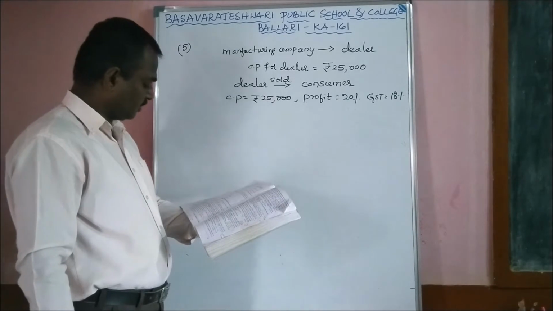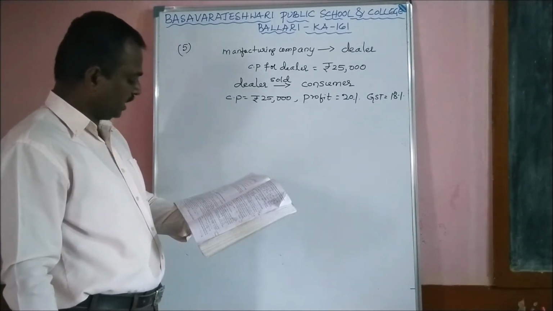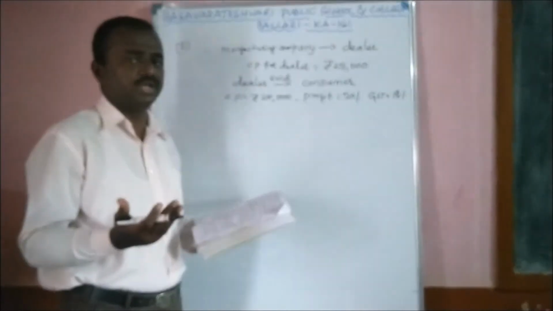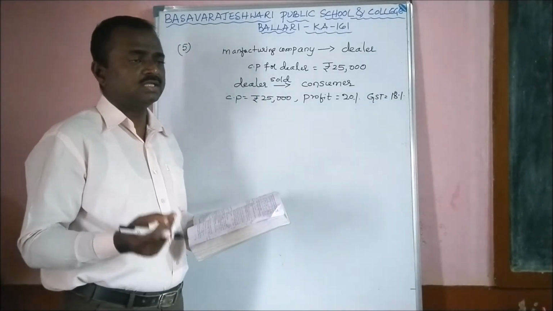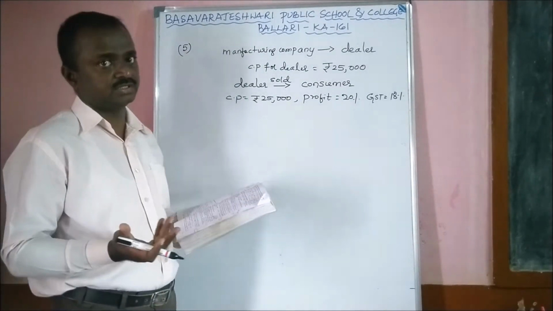Now they are asking number 1, the amount of input CGST and input SGST for the dealer. But here all the transactions are taking place within the state. Therefore no IGST question here.